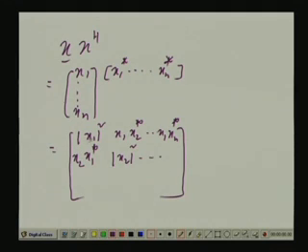You see the first row and second column element is x1 x2 star, and the second row first column element is just the conjugate of this, x2 x1 star. This matrix is actually called a Hermitian matrix.